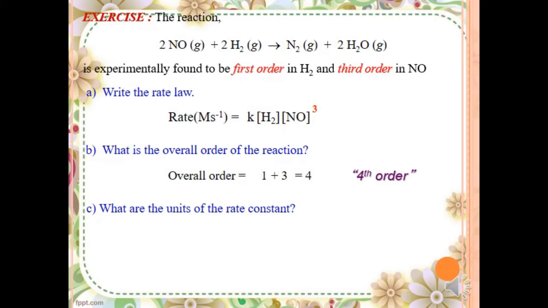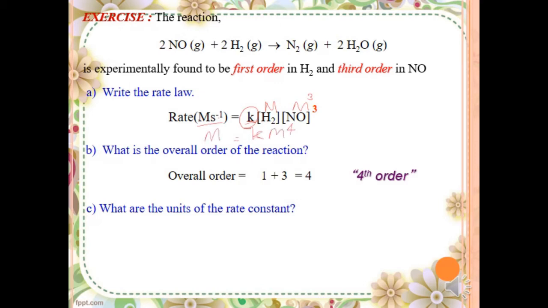Now question C, what are the units of the rate constant? Okay, so you are asked to find the unit for this rate constant K, given the rate is in molar per second. So what is the rate here? Okay, so molar per second equivalent to K. This one is molar, this one is molar cube. Okay, so here we get K times molar power of 4.